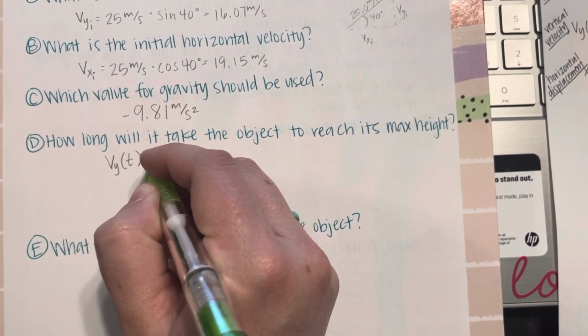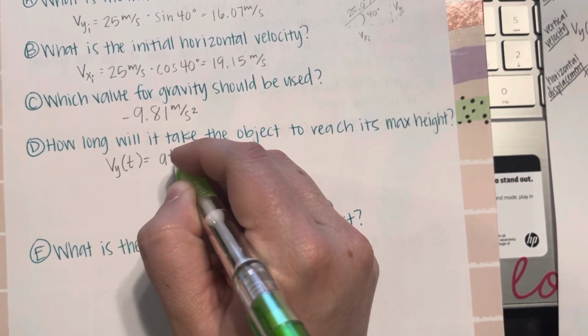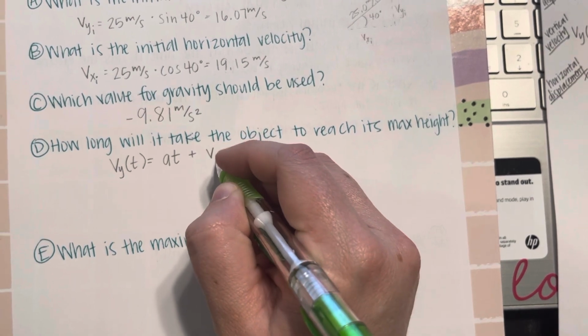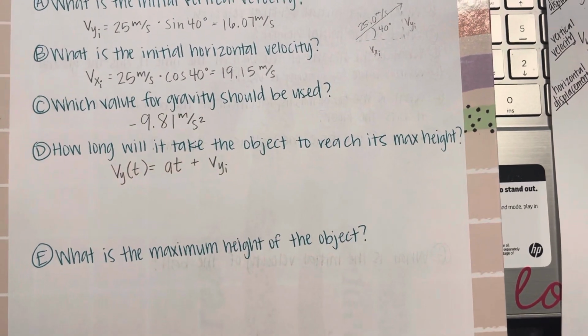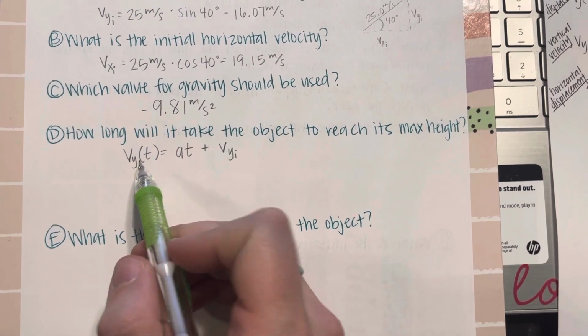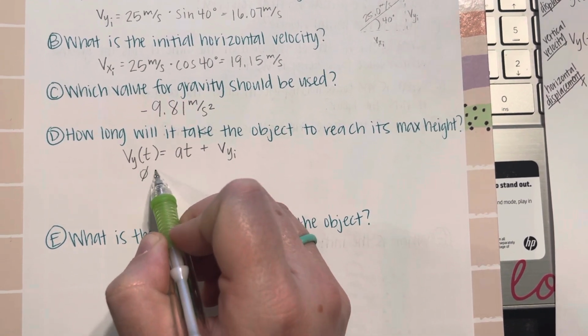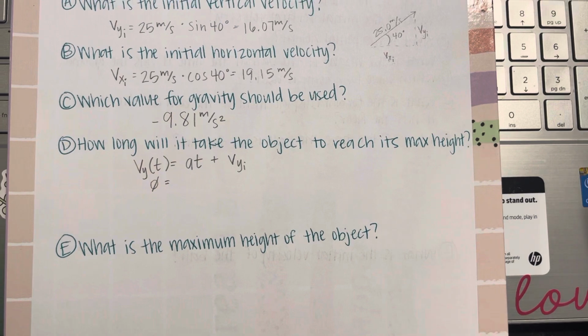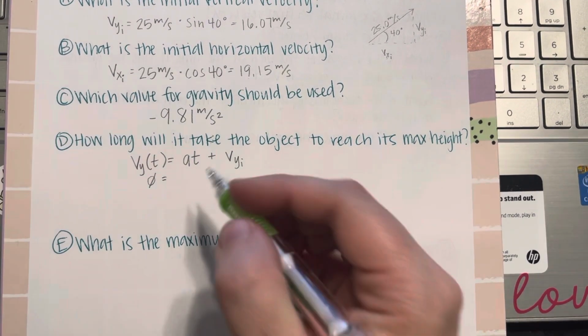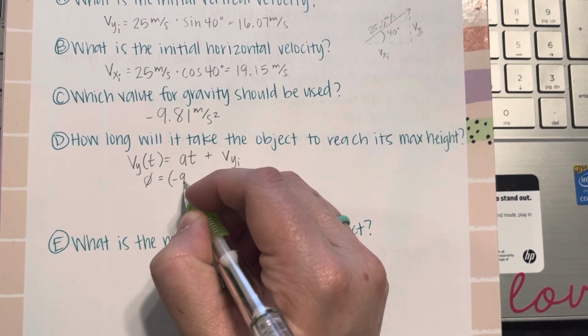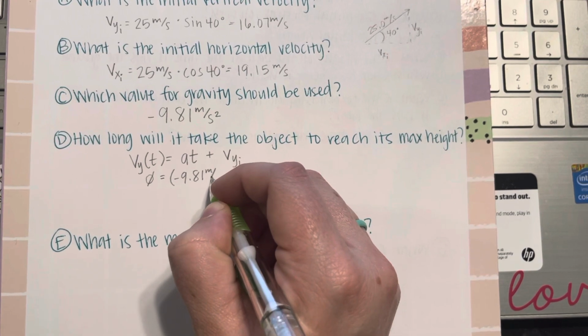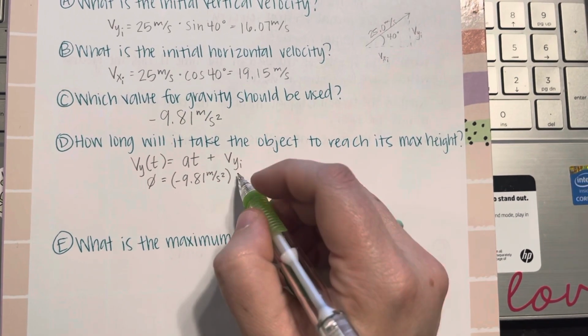So Vy of t equals AT plus VYI. Remember, we said the Vy of t, or your vertical velocity at max height, is 0, equals your acceleration, negative 9.81 meters per second squared, times your time.